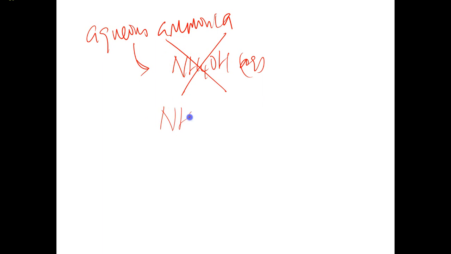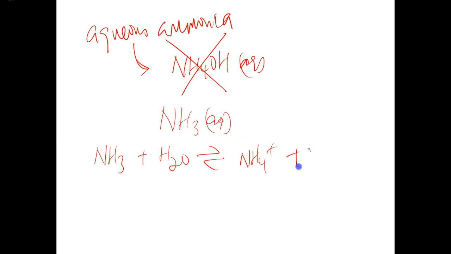It is simply NH3(aq). And NH3(aq) can react with water to give us NH4+ and OH-. So this is the OH- which gives rise to the basic properties of ammonia.